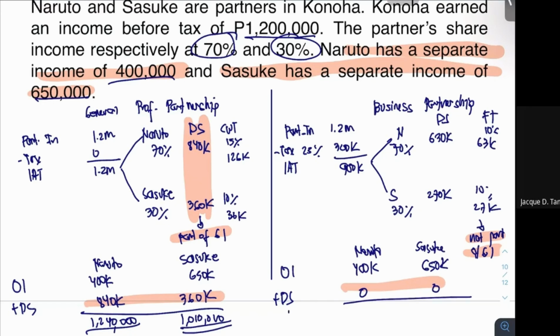So how much is the taxable income of Naruto and Sasuke if that is a business partnership? Naruto, 400, Sasuke, 650. So with this example, you can now see the difference between a general professional partnership and a business partnership as to their taxation.